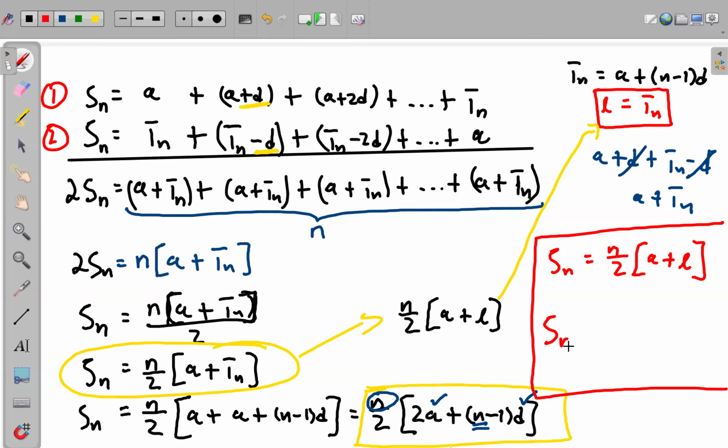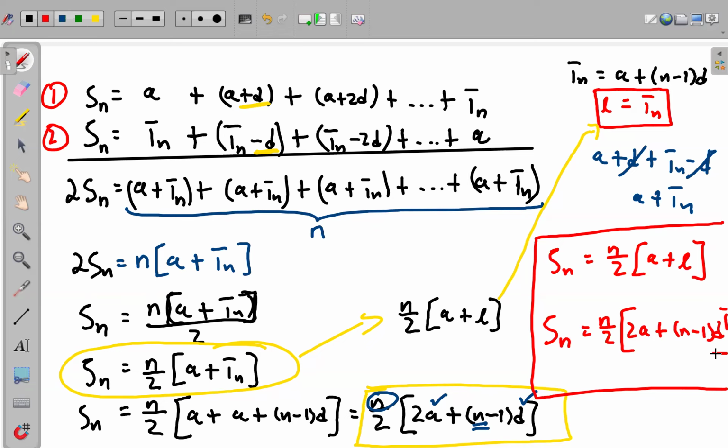When we do not know the last term, but we know the first term and the constant difference, then we can use the formula Sn is equal to n over 2 into 2a plus n minus 1 times d. These are the two standard formulas for any arithmetic series.